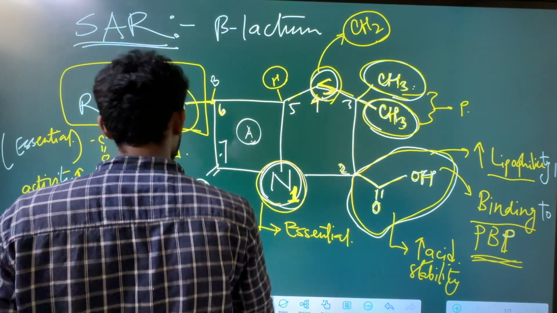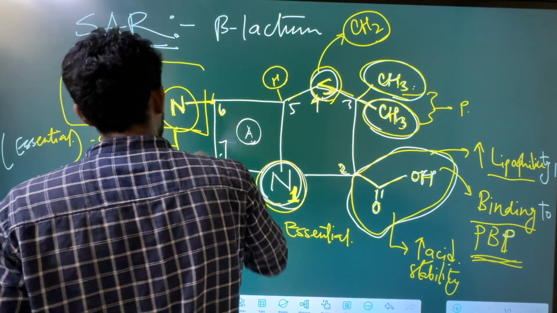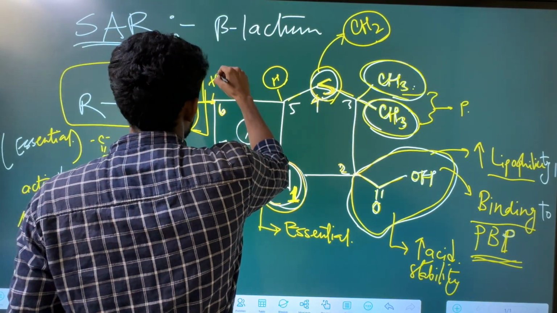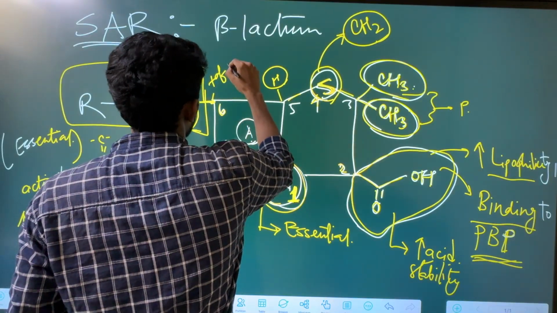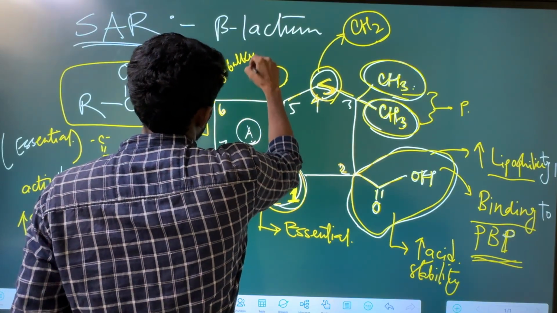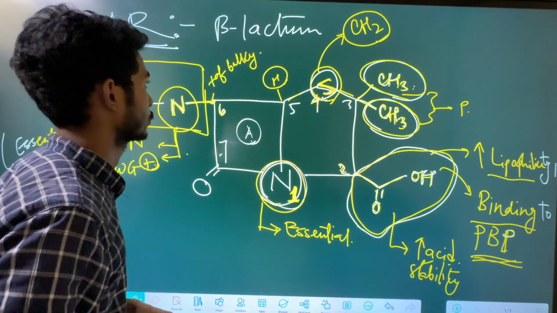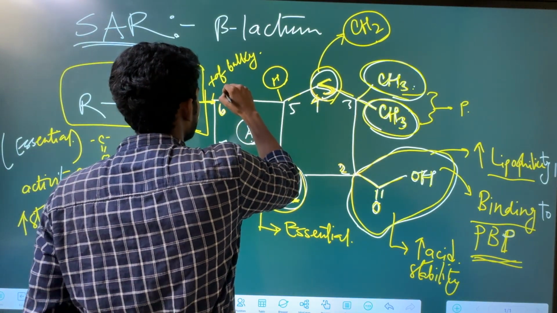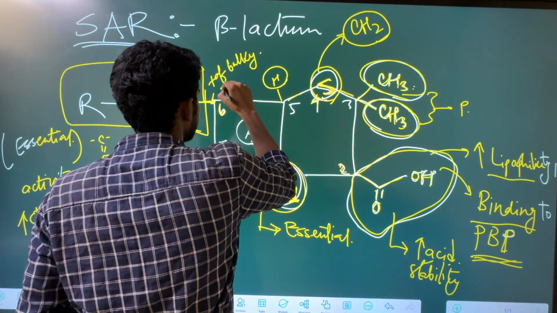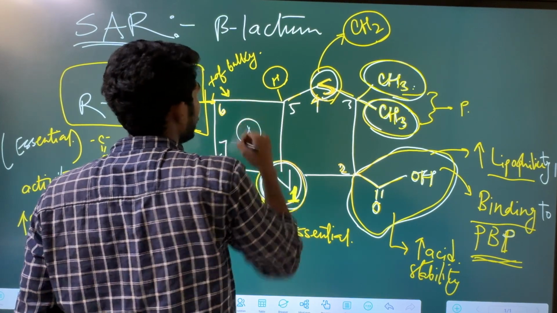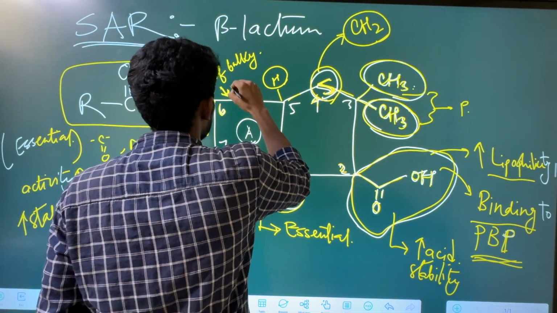So the presence or addition of bulky group. Why bulky group? I'll tell you later after a minute. Let me tell this one, seventh position. The presence of bulky group will decrease the beta-lactamase activity.